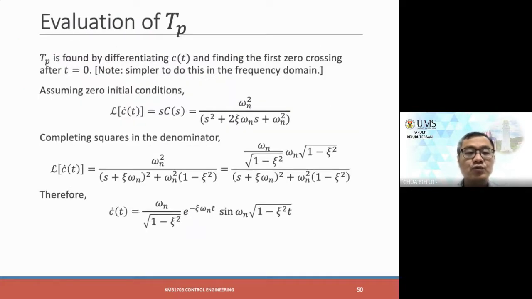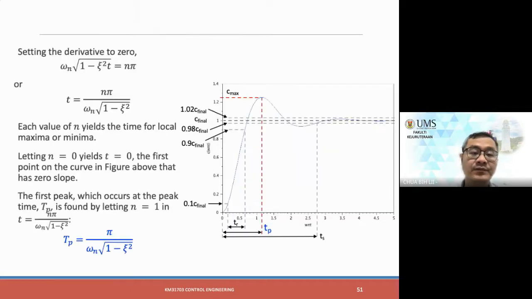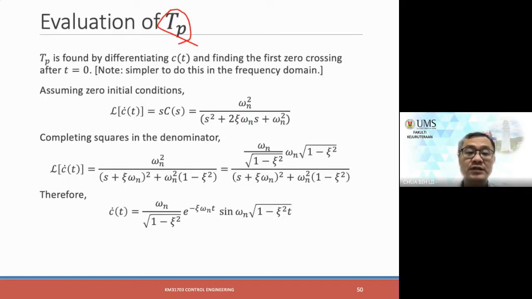So in order to mathematically solve for the peak time, I may not describe this in detail. You just go through this mathematically, how they can solve it for the peak time. What we would use here is that it can be related to the natural frequency as well as the damping ratio. So mathematically you can just follow this to derive it.